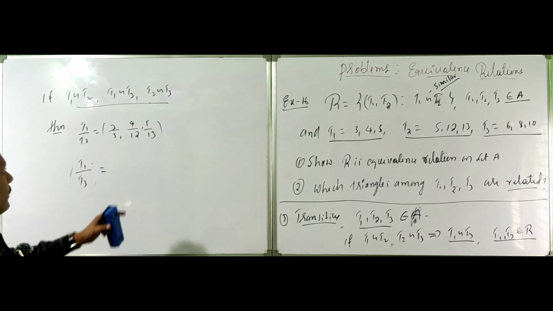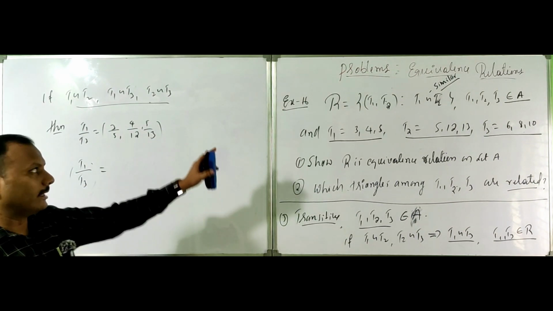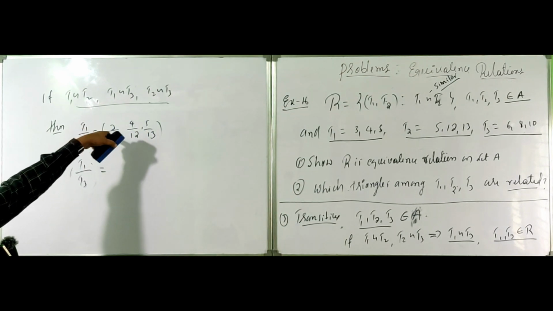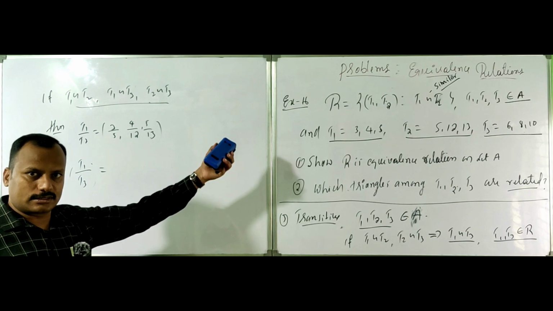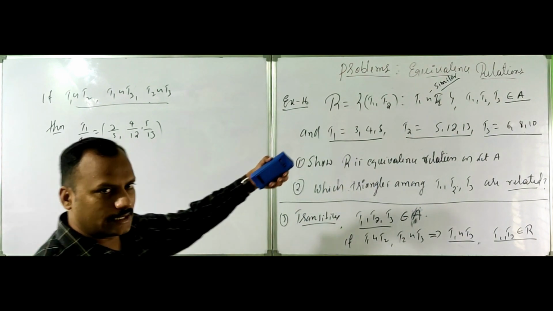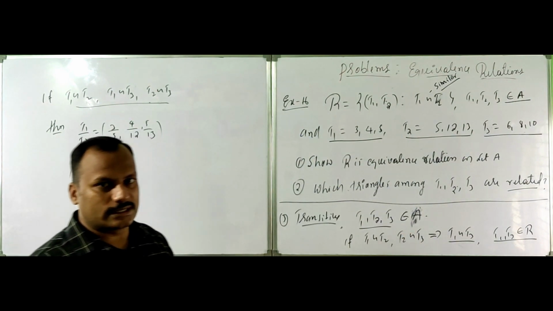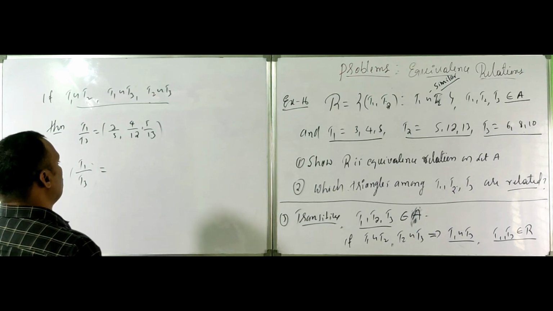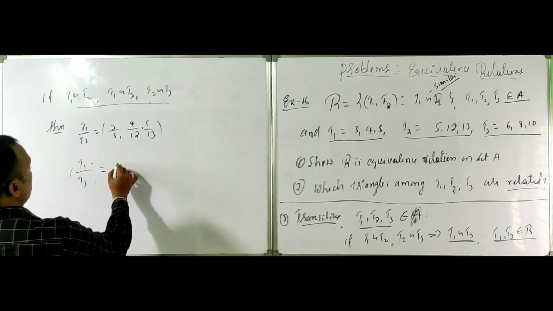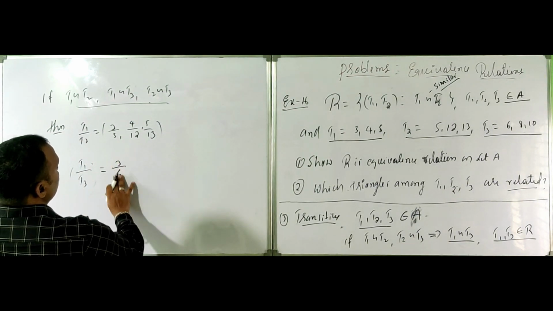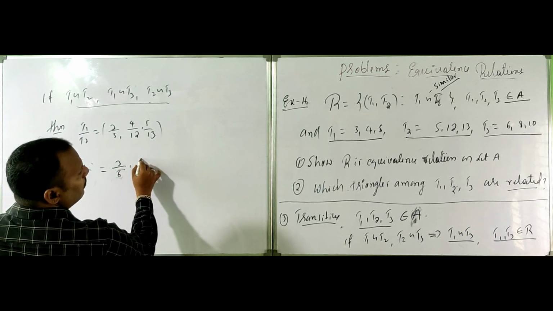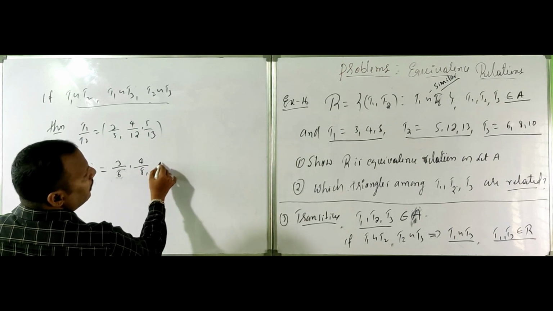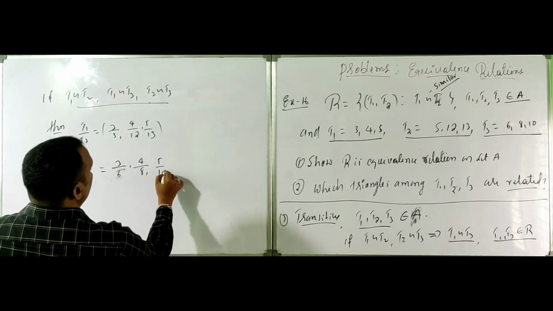This is the method, you can write this also, but you have to mention it. Let's take T1 and T3. If the triangles are similar, then the ratio of the corresponding sides is also the same. So 3 by 6, 4 by 8 and 5 by 10.